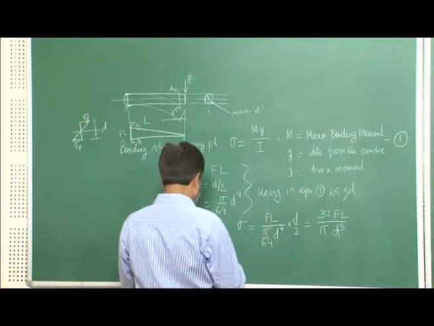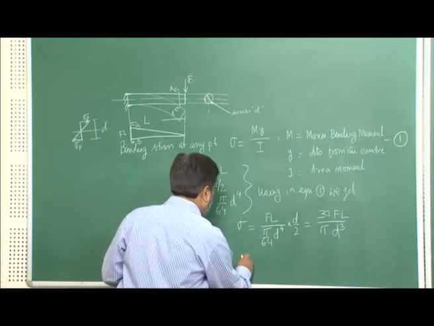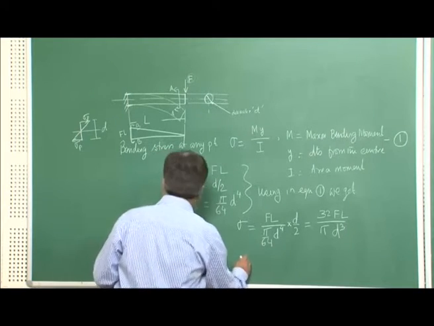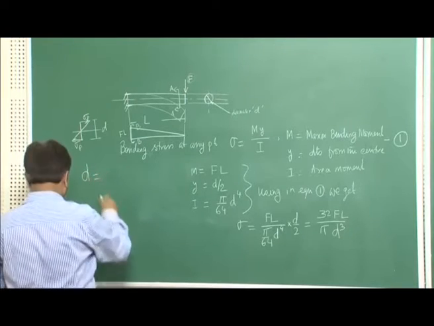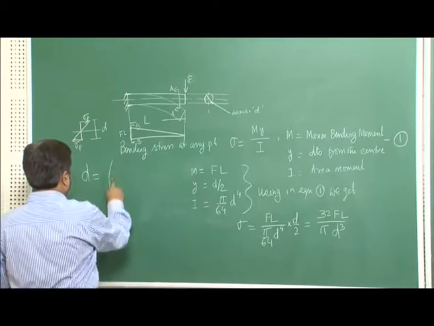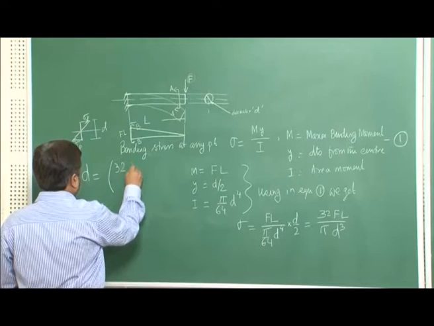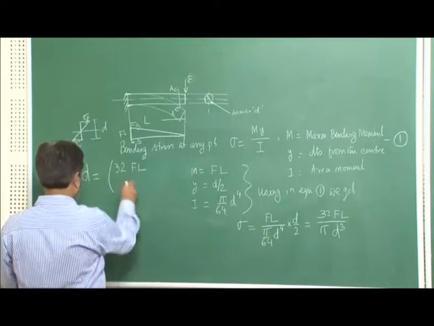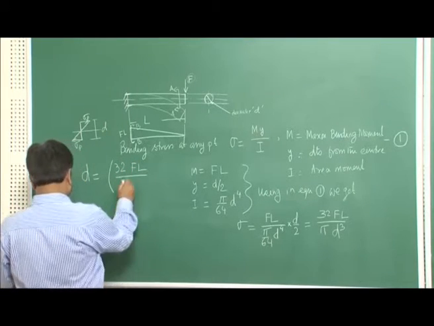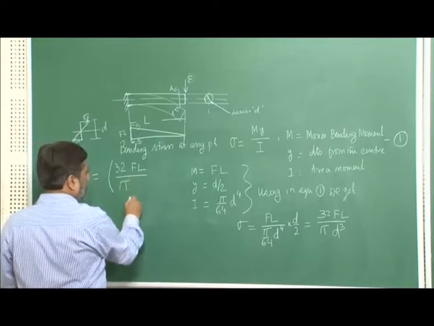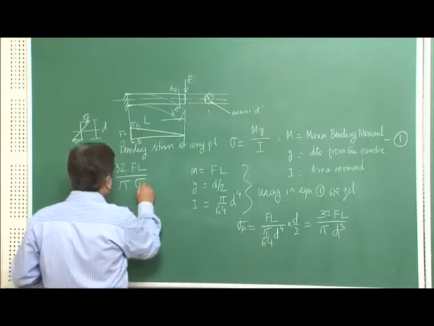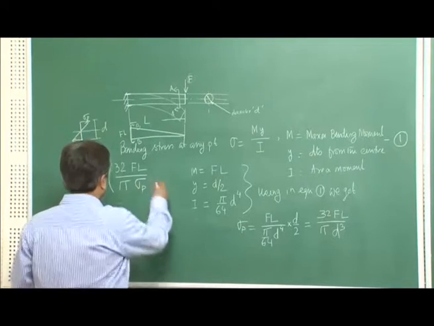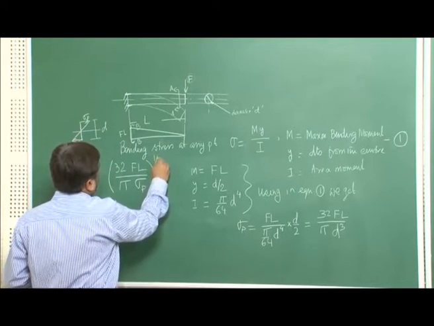In other words, I can write the equation here, which will be useful for us further: d equals 32 FL over pi sigma peak, to the power 1/3.